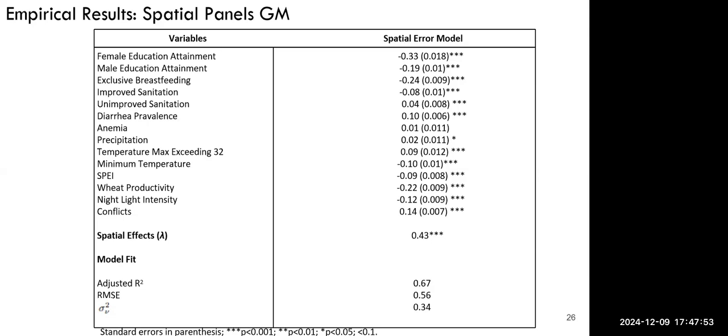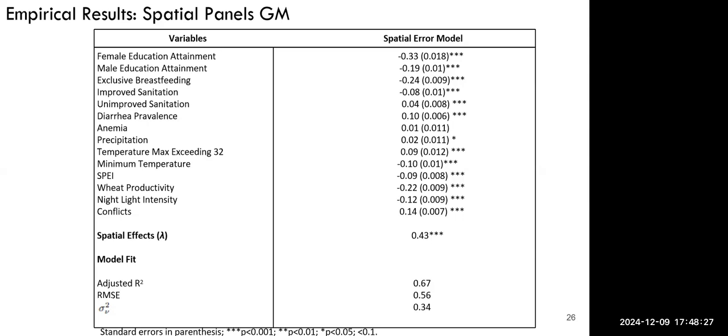I also estimated the spatial autoregressive and spatial Durbin error models, but there was a difference. This is the only model which yielded the most convincing results, because for the spatial Durbin error model and spatial autoregressive, there were a few variables which were insignificant and had opposing or unconvincing results. But this method gives us quite convincing and expected results.